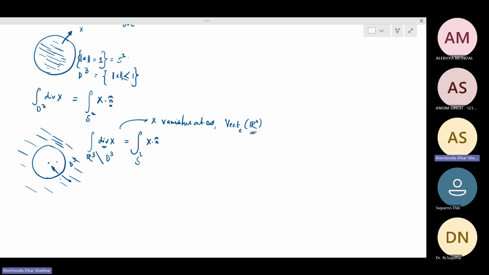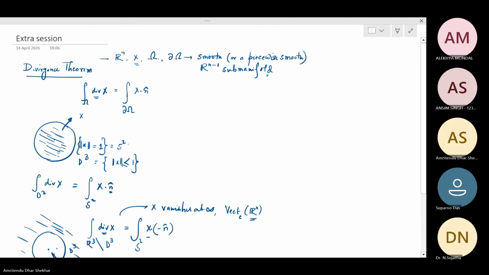So you have to bear that in mind while doing the integral. Instead of n cap, this is going to be minus n cap when you do the dot product. So I hope this is clear.